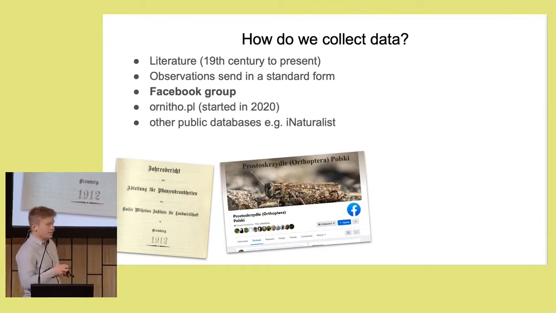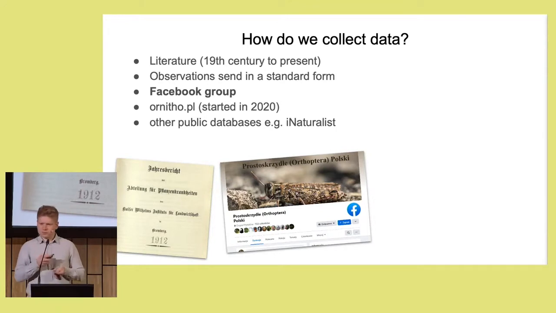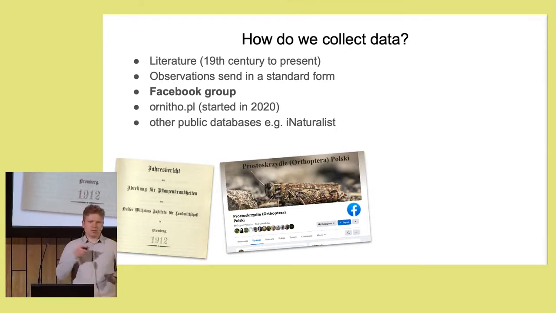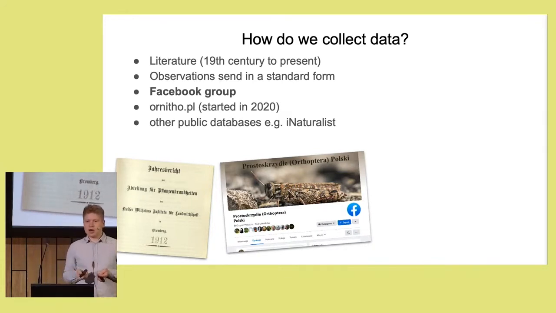Then in 2020, we started using ornitho.pl, which is also a database where people can send their observations. We also take observations from other open source databases like iNaturalist, for example.